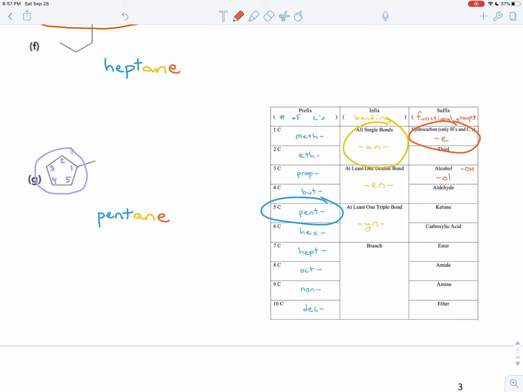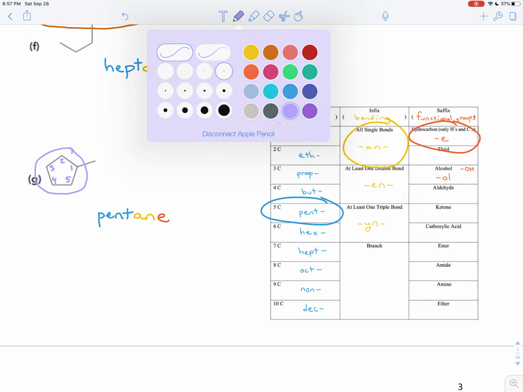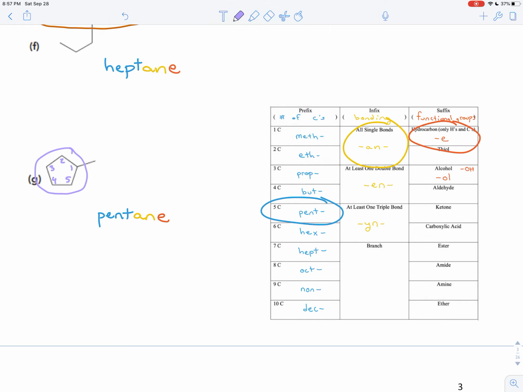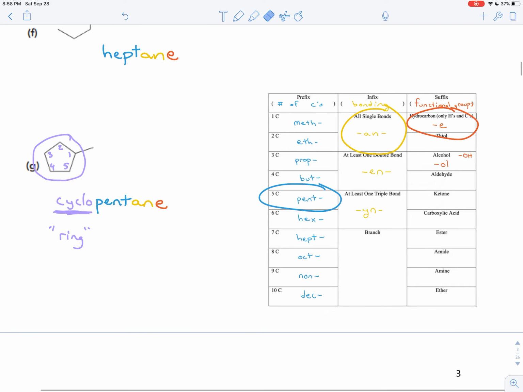But it's not just any pentane. It's going in a ring. If you ever have a chain going in a ring, put the prefix cyclo in front of what would be the name to tell people that those carbons are going in a ring. And so the name for that backbone would be cyclopentane.